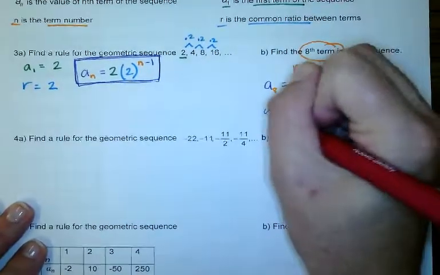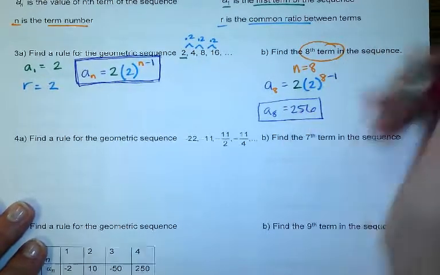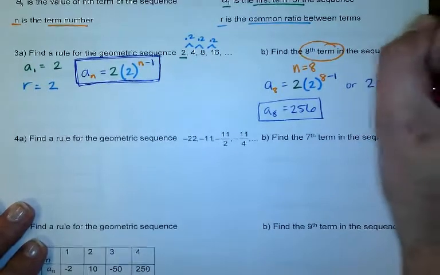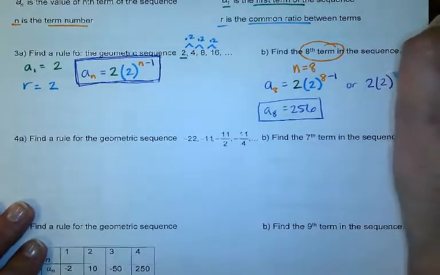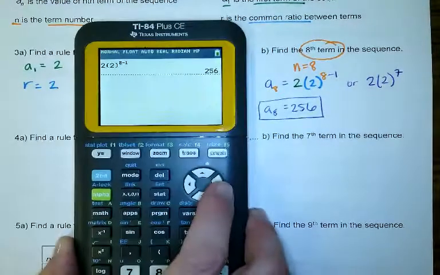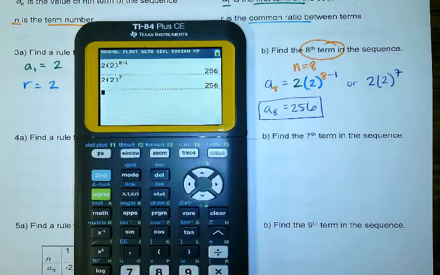However, some of you guys would rather type in 2 parentheses 2 raised to the 7th power, because I expect you guys to be able to know 8 minus 1 is 7. If you would rather do that, it still gives you 256. So you don't have to subtract it, but if you would rather subtract it, you can. Y'all feel good about that?